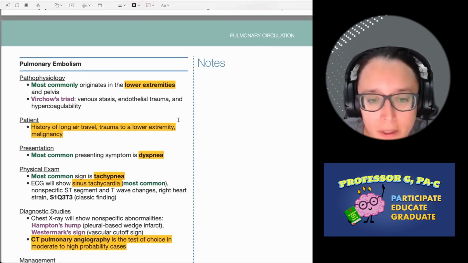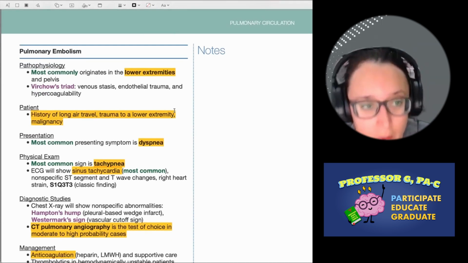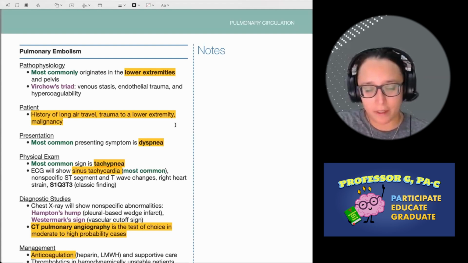So we're on pulmonary embolism. We've already covered it in cardio. Now we're talking about pulm. It affects both systems. It's a perfusion problem, right? You can't get the blood to the lungs, not a ventilation problem.